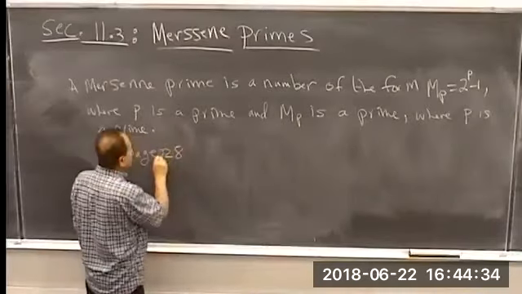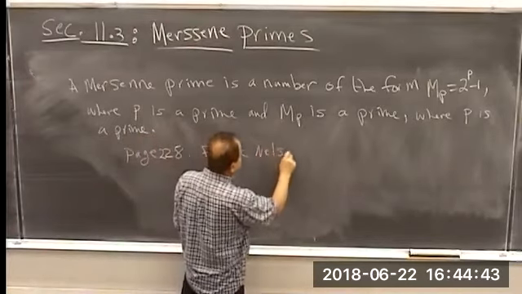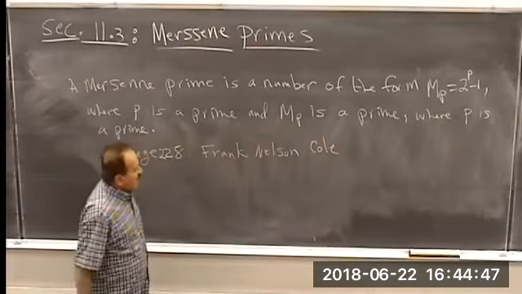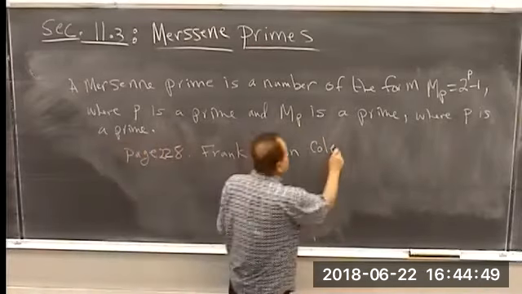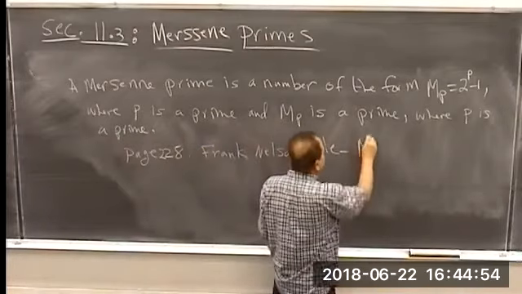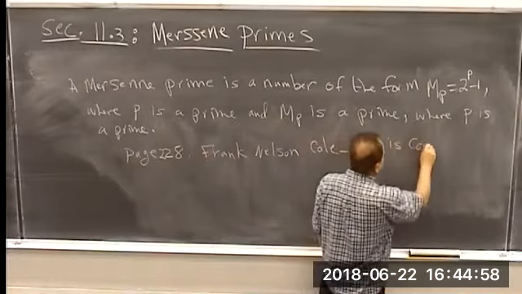On page 228 is the story of Frank Nelson Cole, and his discovery that M67 is composite.